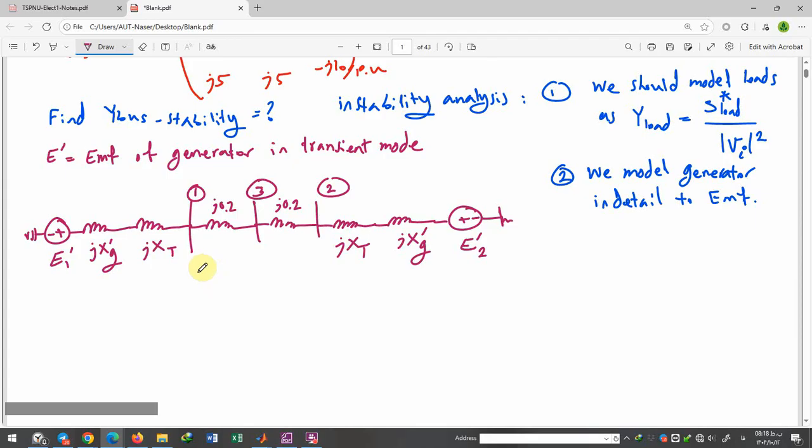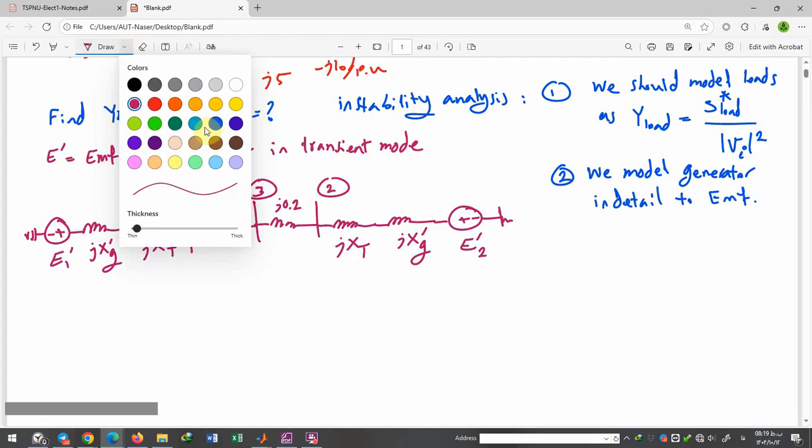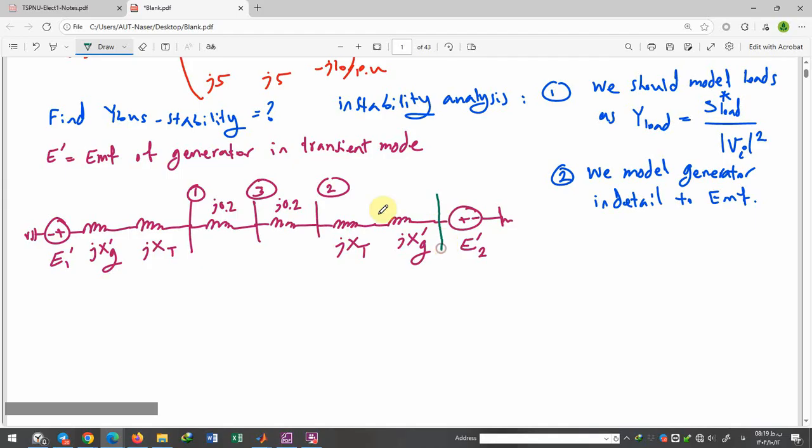Another action we have to use in stability analysis is to add extra buses, in front of the EMF and in front of the reactance of the generator.